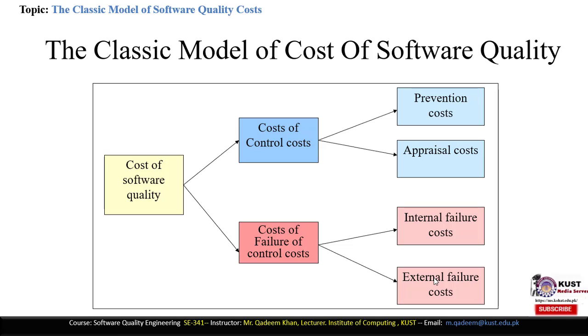For example, a certain third-party organization which has the responsibility to monitor the user environment has wrongly observed the environment of the users. They did visit that user environment, but they made wrong observations. So all the costs that occur on external failure are in fact the cost of failure of control here.